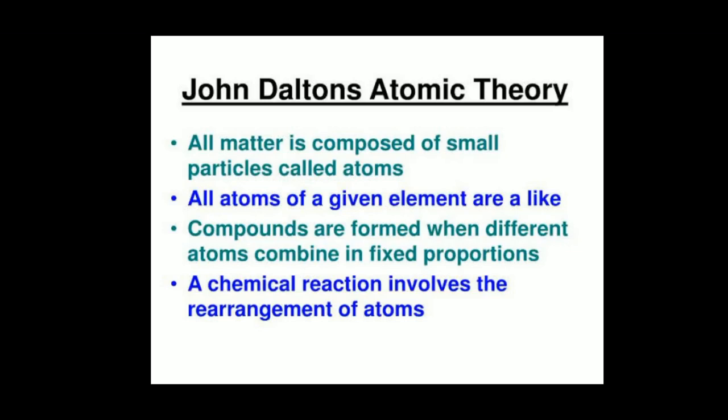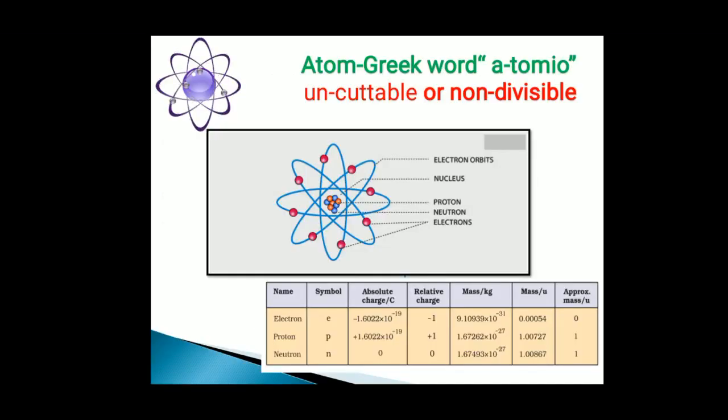The subatomic particles, right? So later on, at the end of the 19th century or the beginning of the 20th century, different experiments were conducted by different scientists, and they established that the atoms can be further divided into subatomic particles.